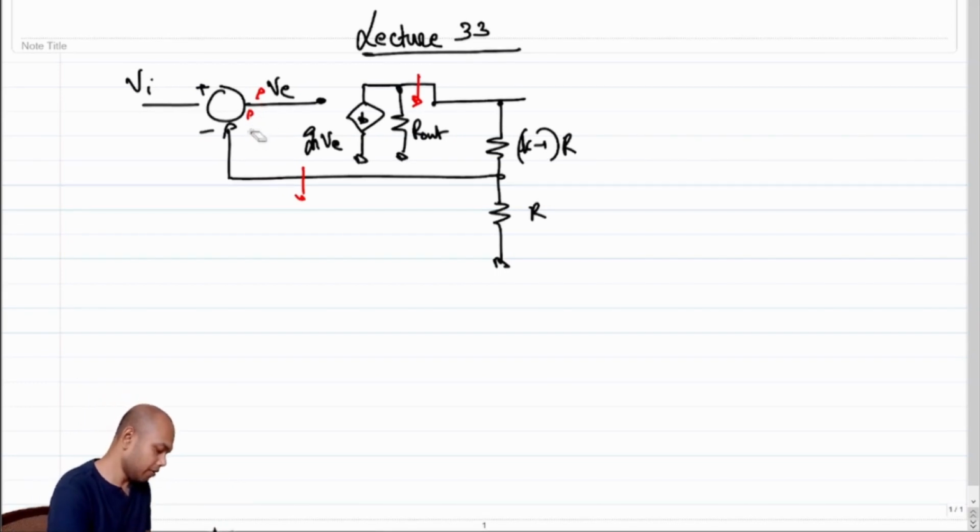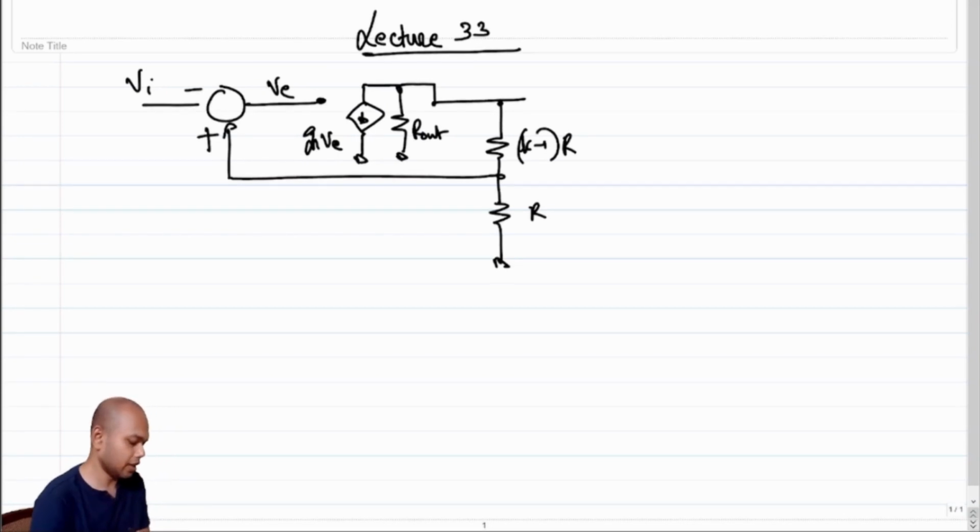So given that we have to use a common source amplifier because that was the only gain block that we knew, what was the other fix? The other fix was to invert the signs of the loop itself. So in this case, we go around the loop the same way.